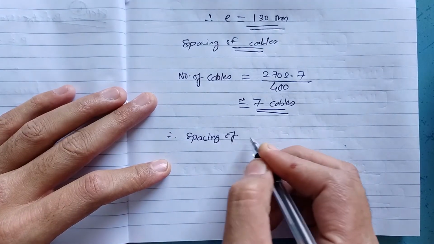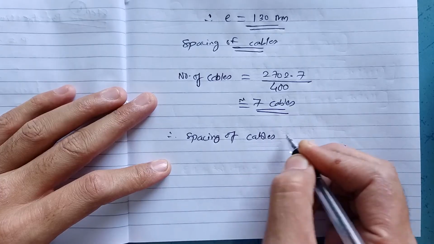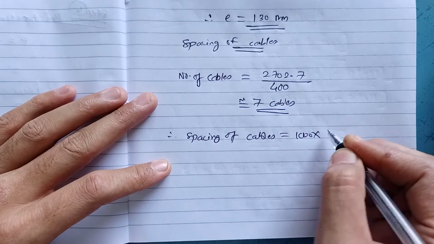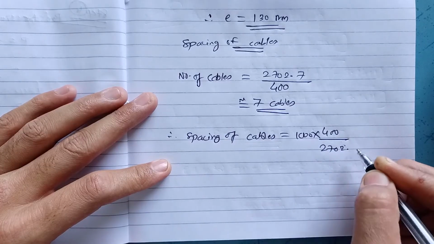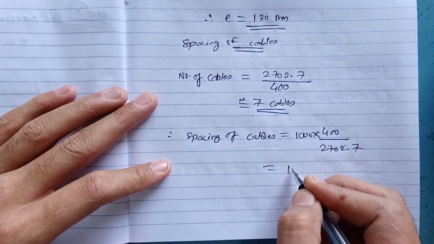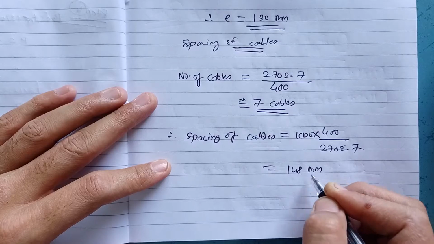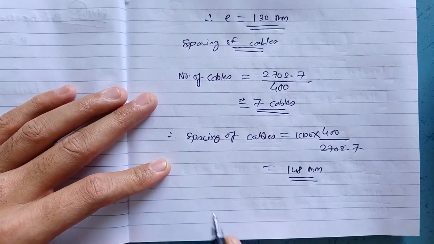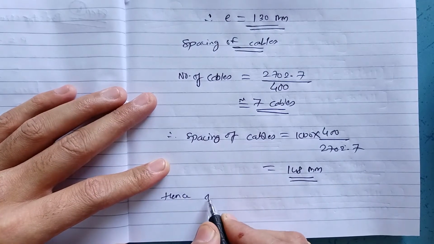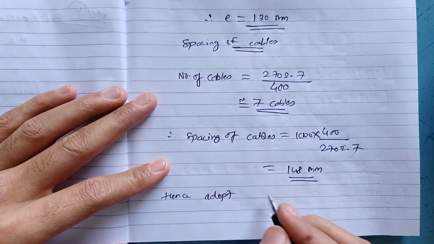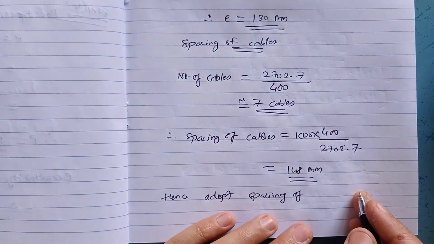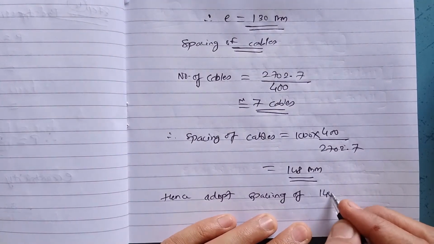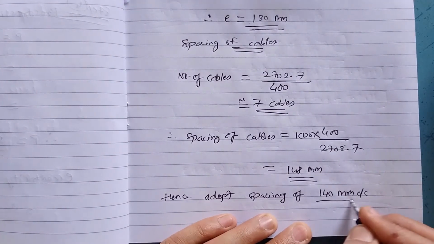Now spacing of cables is equal to 1000 into 400 divided by 2702.7, that comes to 148 mm. Hence, adopt spacing of 140 mm center to center.